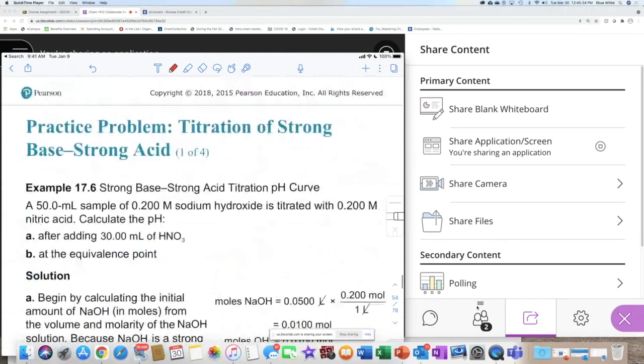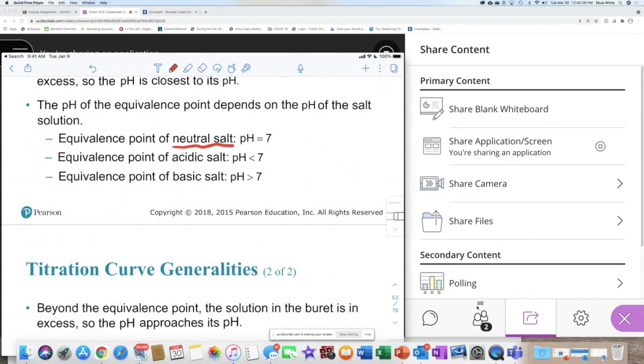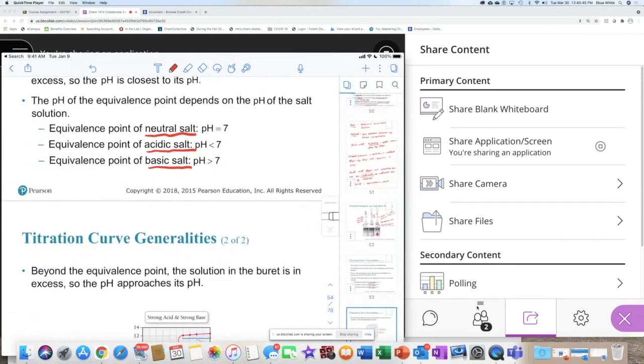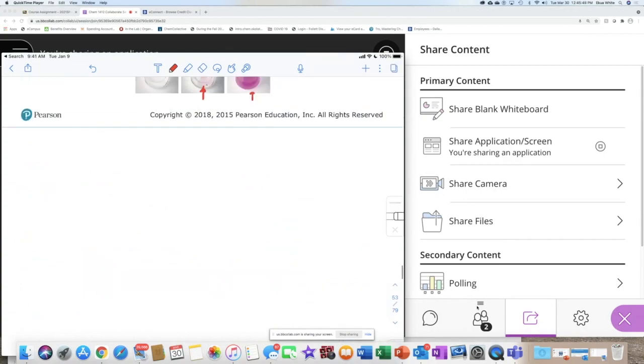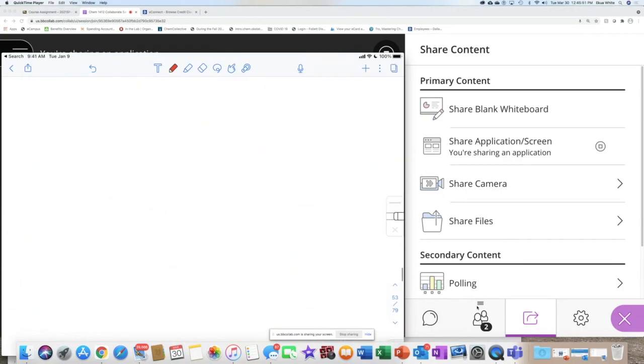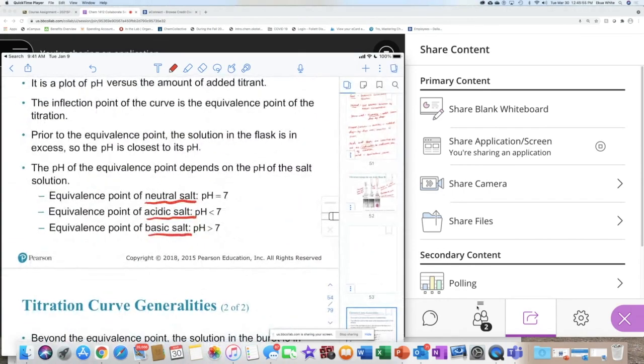Now, in the past chapter, you talked about neutral salt, acidic salt, and basic salt. Let me see if I can remember that because it's been a while since I've looked at that. Okay, so depending on your combination of what you're titrating with what.